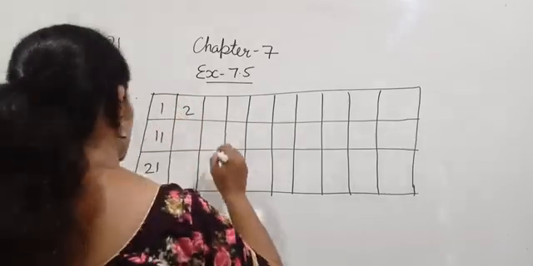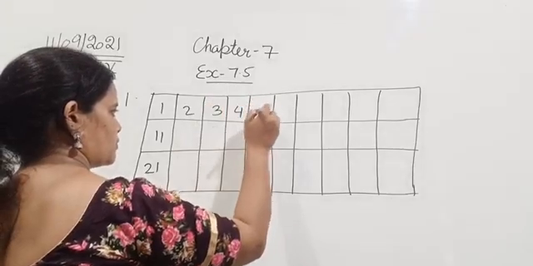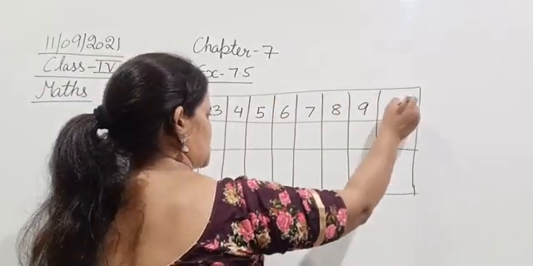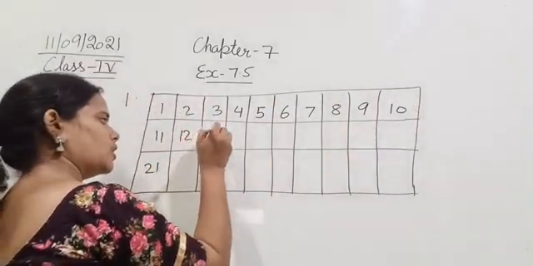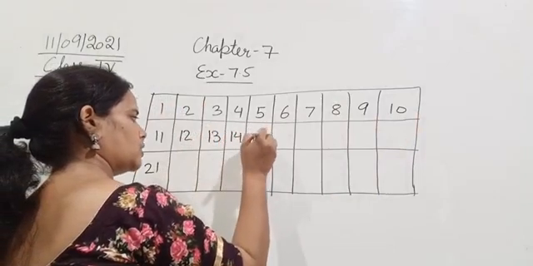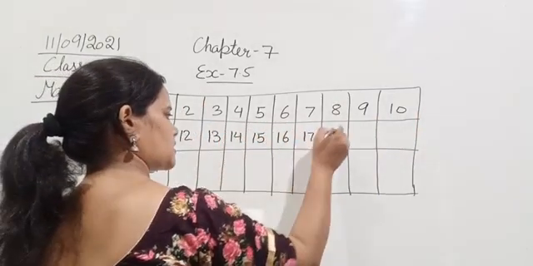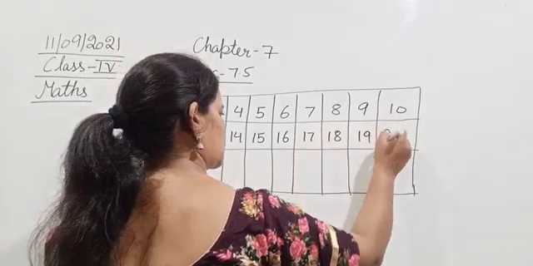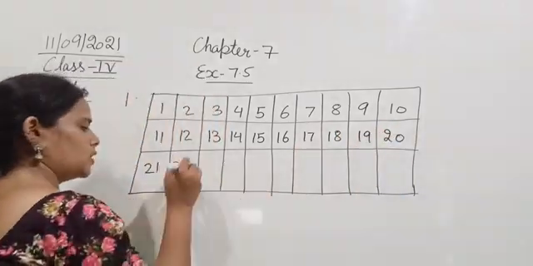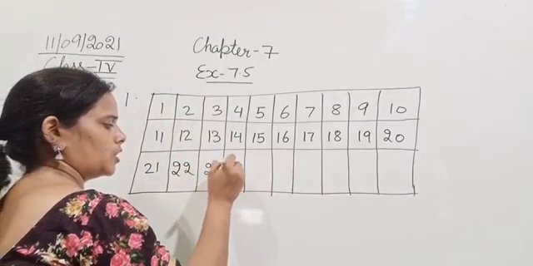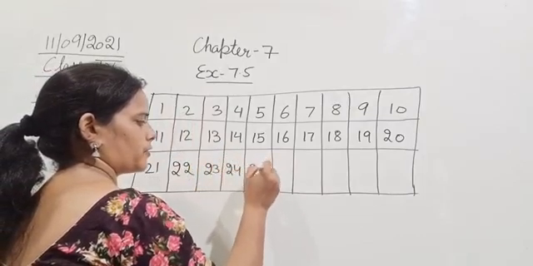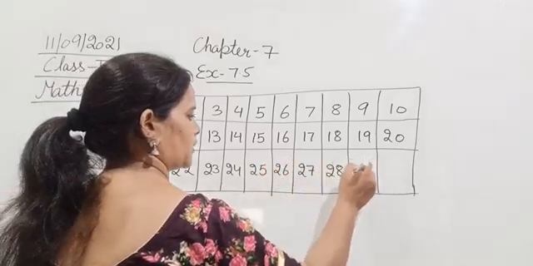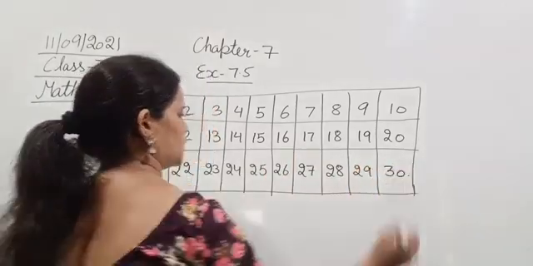The numbers are 1, 2, 3, 4, 5, 6, 7, 8, 9, 10, 11, 12, 13, 14, 15, 16, 17, 18, 19, 20, 21, 22, 23, 24, 25, 26, 27, 28, 29, 30.